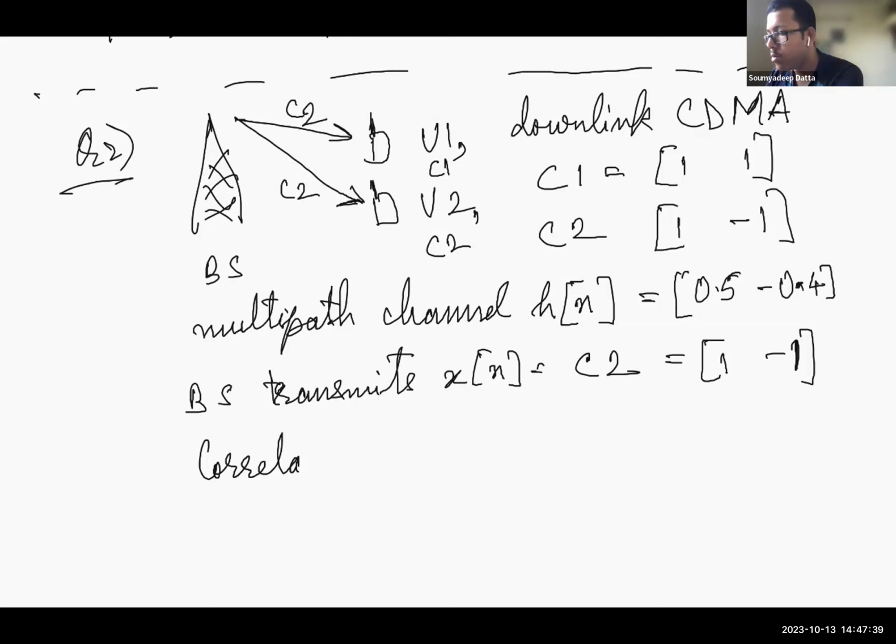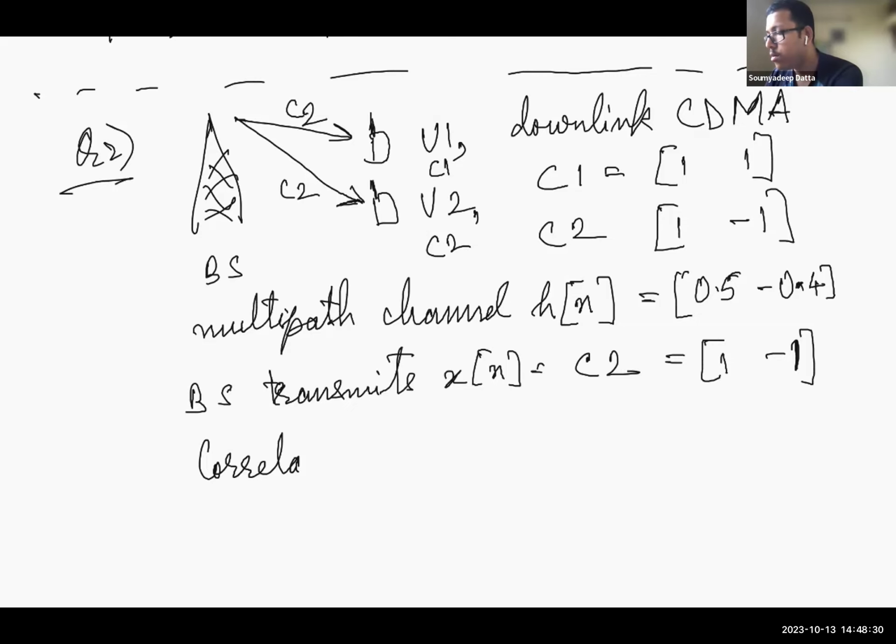if you do y of 2, then what will happen is, yeah, y of 2 will give you, let's see, summation k equal to 0 to 3, x of k, h of 2 minus k.